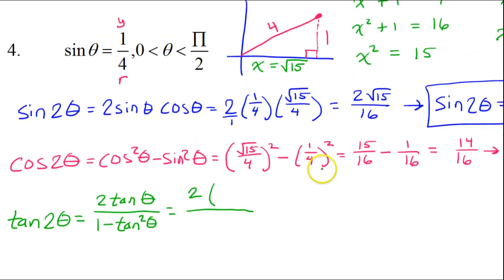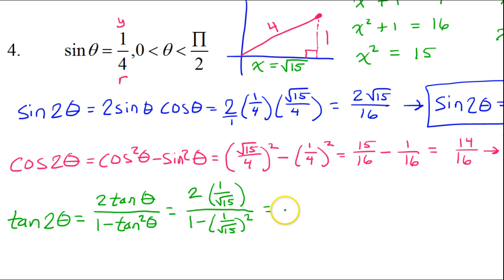Now tangent is y over x, so tangent is going to be 1 over radical 15. So that's 2 tangent. And then I'm going to have 1 minus tangent squared, so that's 1 over radical 15 squared.